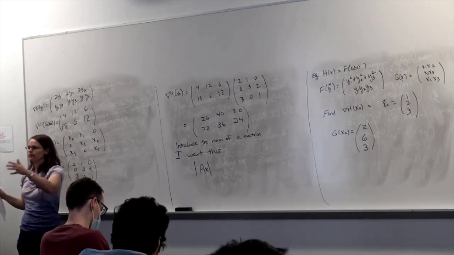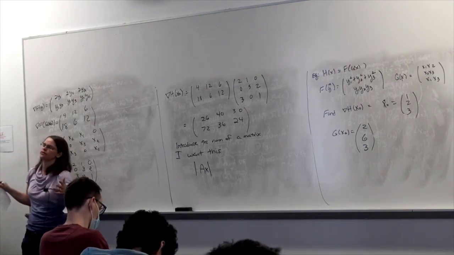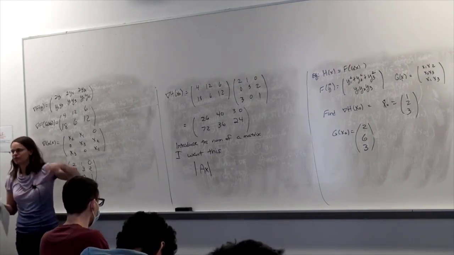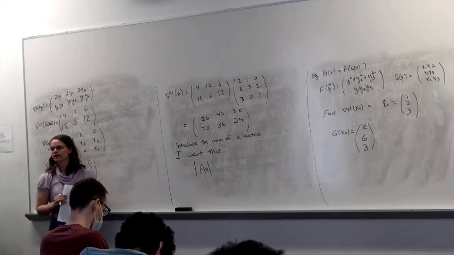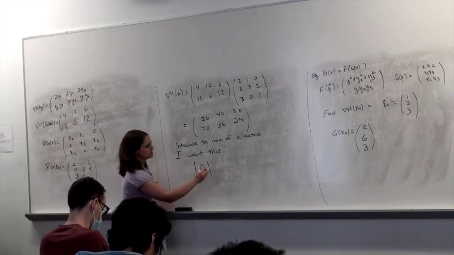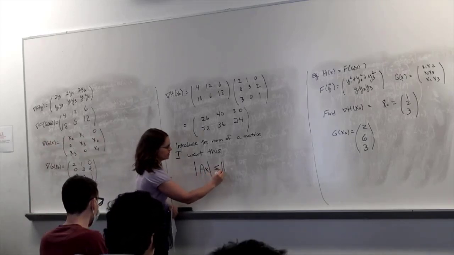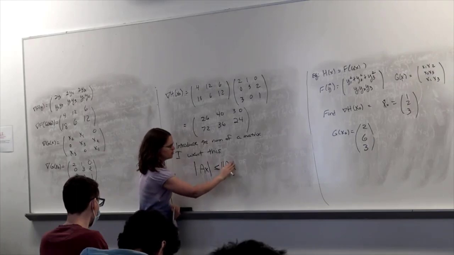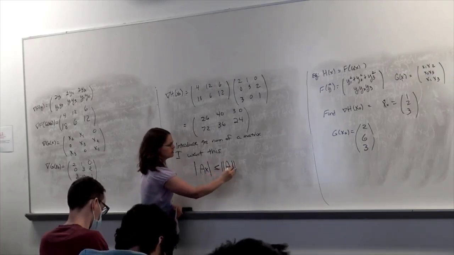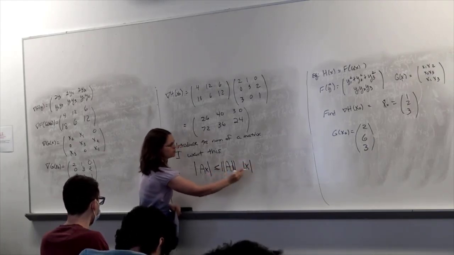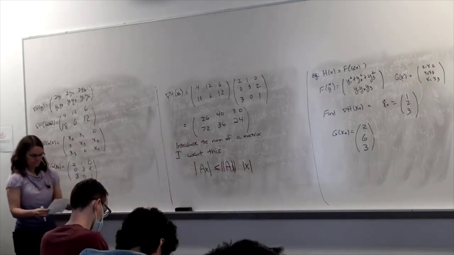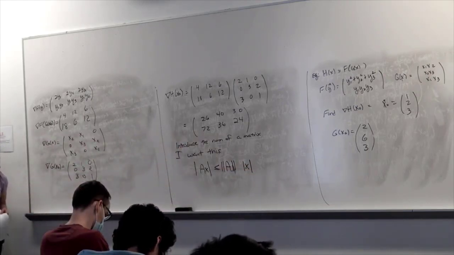You know, usually if I multiply a bunch of things together, take the absolute value, I say that's bounded by the absolute value of the components. I want to be able to do that here. So I want my norm of A to somehow have this property, that this product is bounded by the norm of A times the length of my vector X. And I want this to always be true.